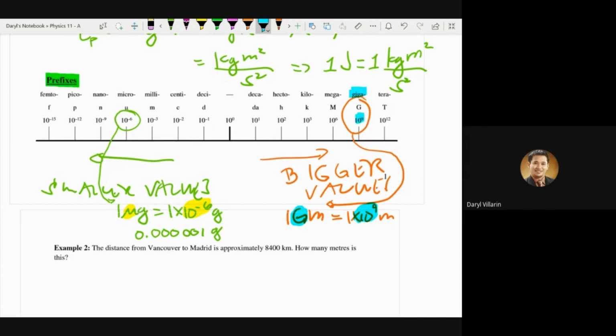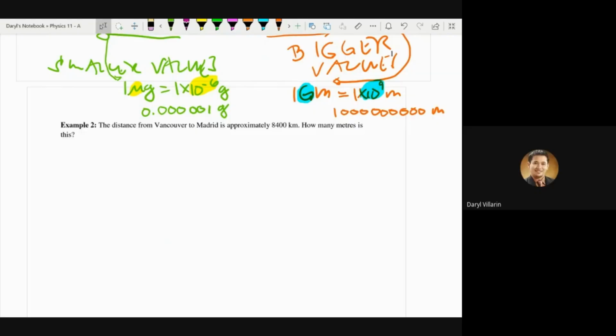If you write that in the standard form of the number, that is 1,000,000,000 meter. So that's 1 billion.